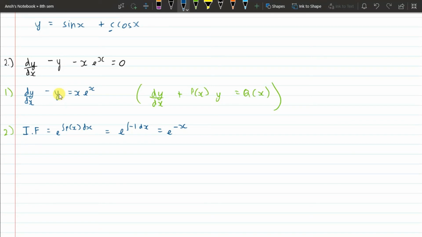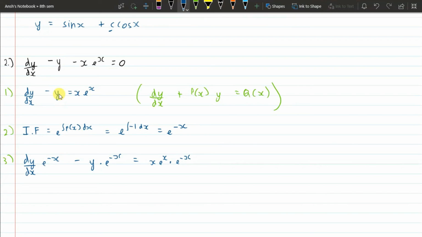So now that we have that, we'll do the third step, which was multiply both sides of our equation with the integrating factor. So we have dy over dx into e raised to minus x minus y into e raised to minus x is equal to x e to the power x into e to the power minus x.